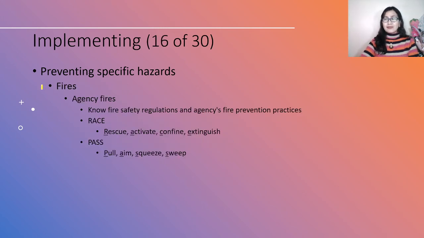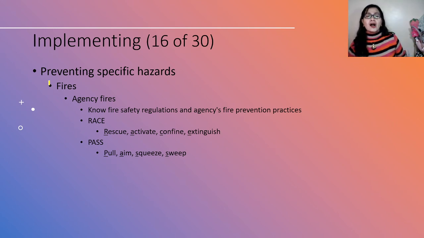Okay, we also have fires. So, agencies' procedures again must be known to the individuals. So, know the fire safety regulations and agencies' fire prevention practices. Also, take note of the acronyms RACE and PASS.